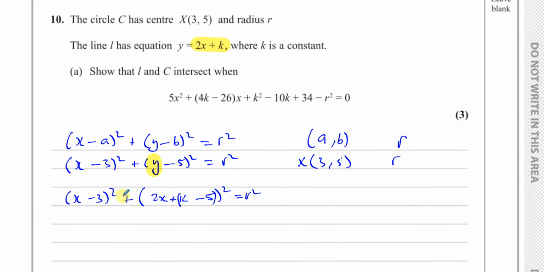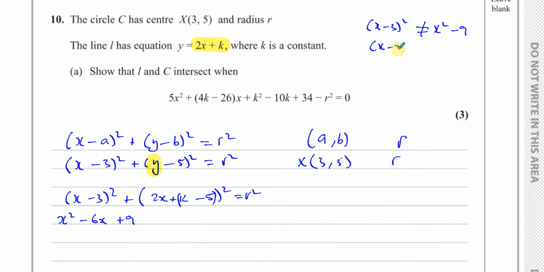So here I have (x − 3)², which expands to x² − 6x + 9. Don't forget, one of the common errors is to write down x² − 9 or x² + 9 or something like that. No, there's going to be a middle term.